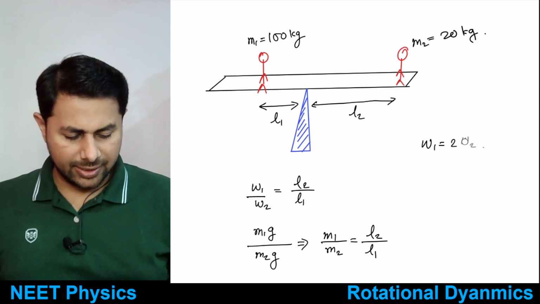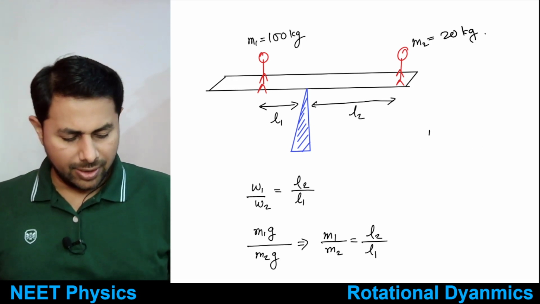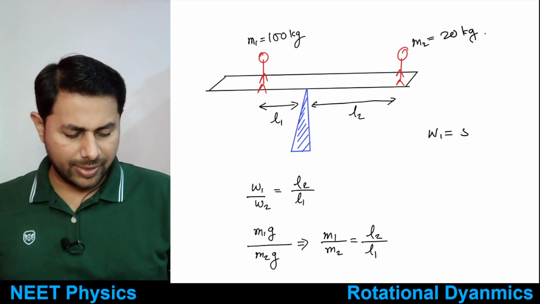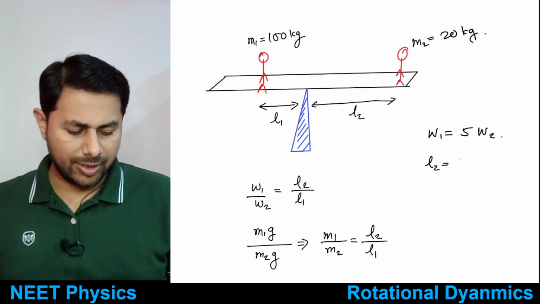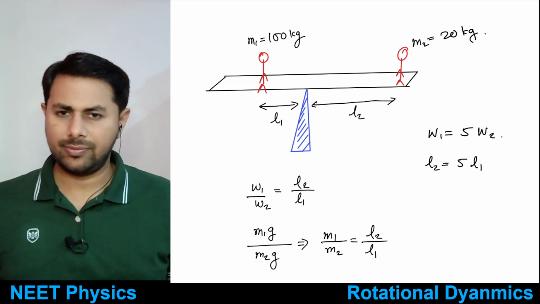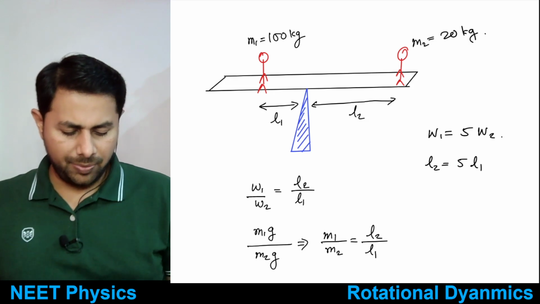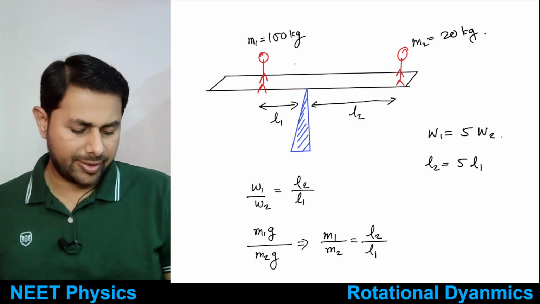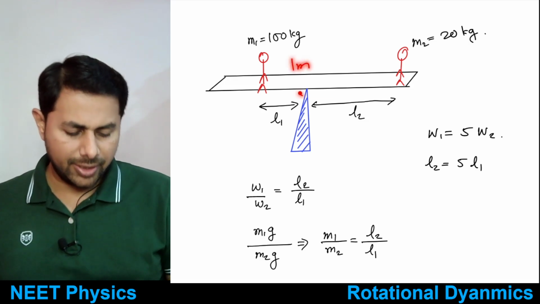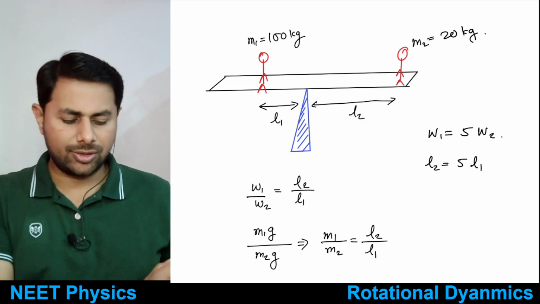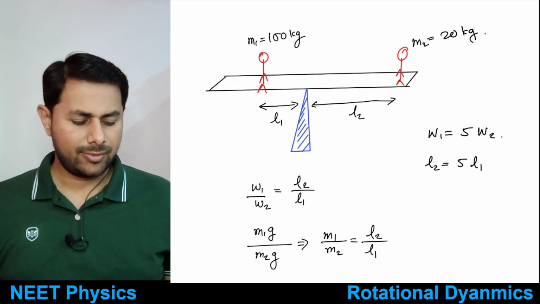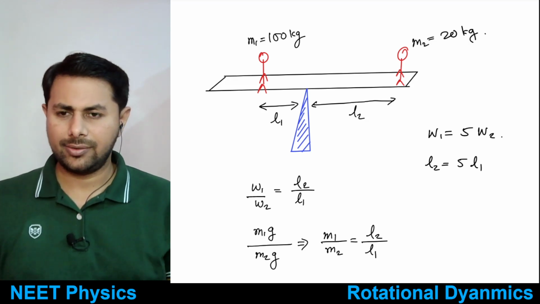In this example, W1 is 5 times W2, so L2 must be equal to 5 times L1. So if he sits at, let's say, 1 meter, then the boy should sit at a distance of 5 meters. Is this clear, everyone?